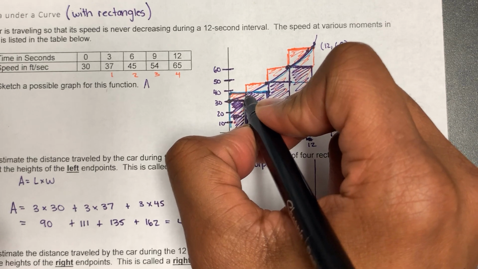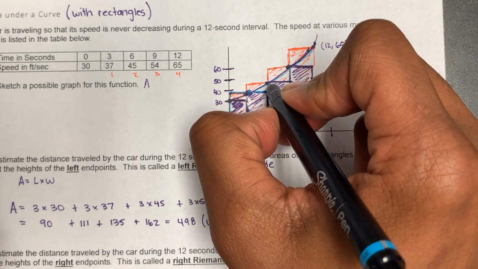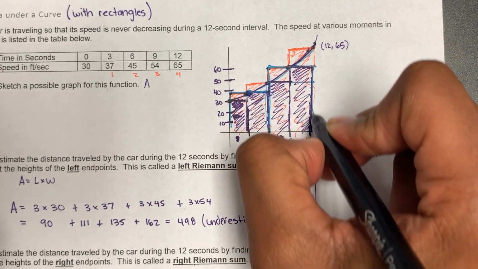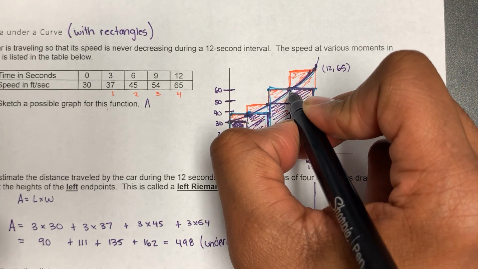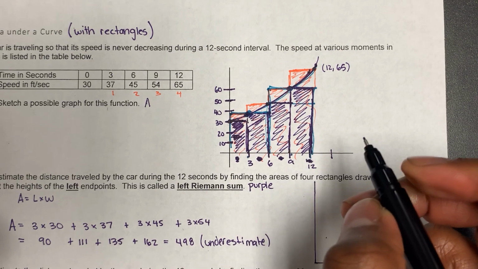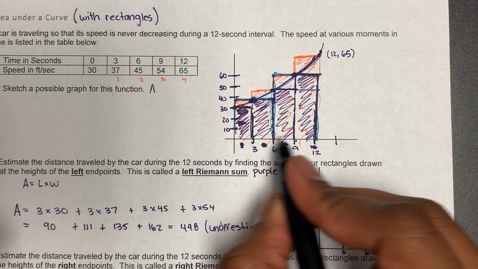Actually, you want the other midpoint to go up so that it's right here. So that's going to be at 3 and at 9 because each rectangle is 6 units wide. So the midpoint would be at 3 and 9 respectively.